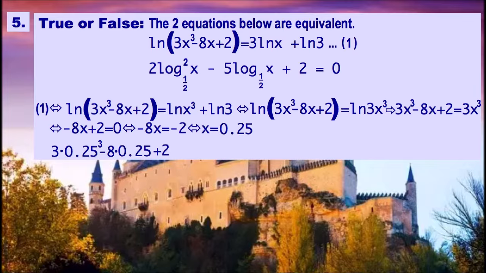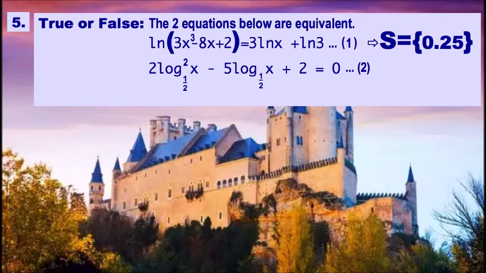So 3 times 0.25 cubed minus 8 times 0.25 plus 2. This evaluates to 3 times 0.25 cubed minus 2 plus 2, which equals 3 times 0.25 cubed, which is greater than 0. Thus, the set of solutions for the first equation is equal to the set made of 0.25.